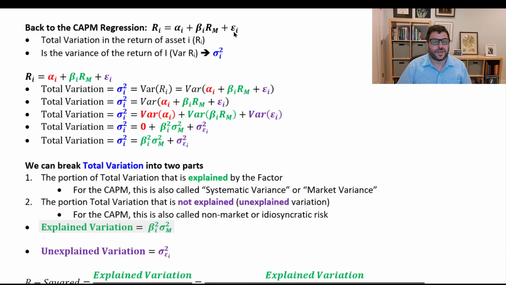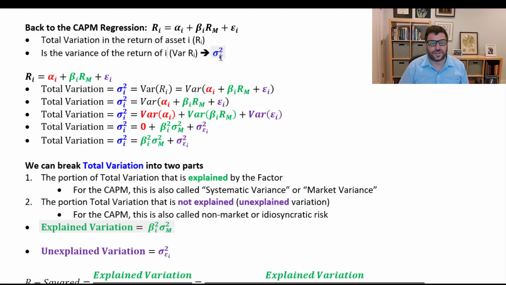So here's the idea: the total variation in the return of an asset I, the total variation of Ri, is the variance of the return of this asset I. We can write that as sigma I squared.